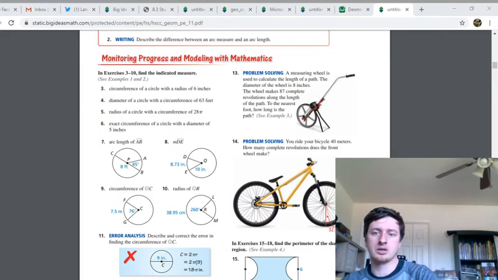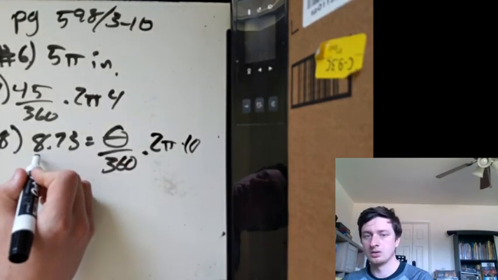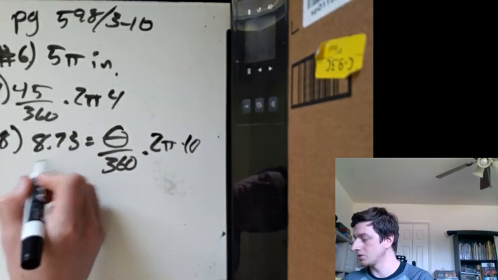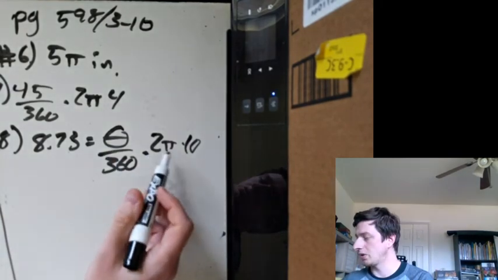That would look like this. So we know the measure of the arc. The arc is this much. Theta we're trying to find, divided by 360 times 2 pi times 10.